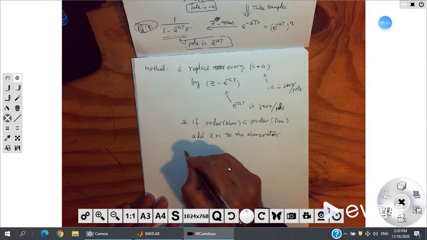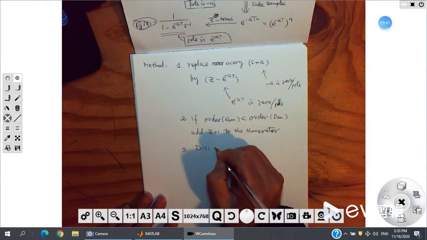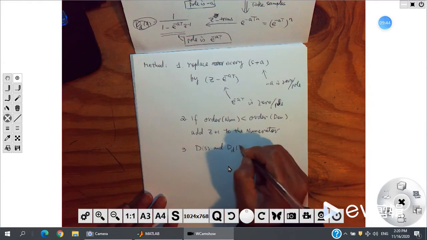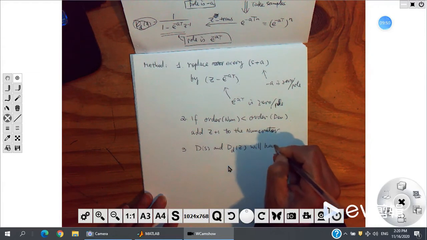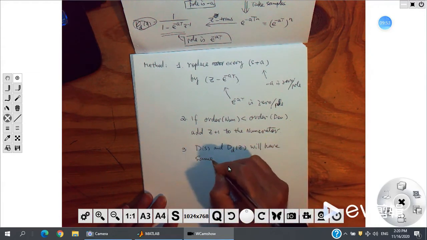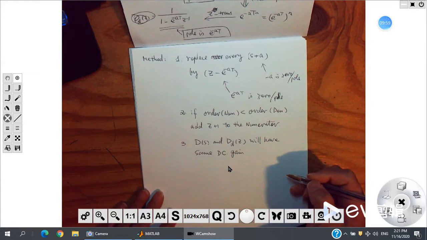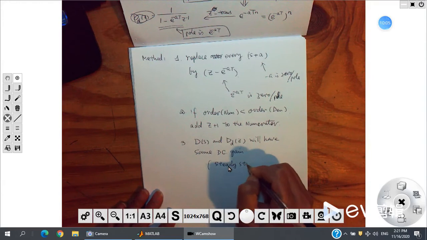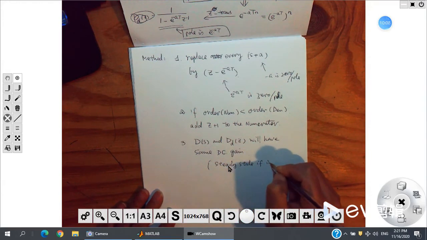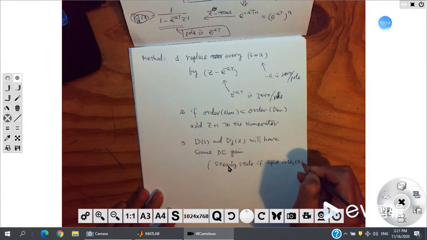Okay, the third one, we want D(s) and D(z) to have the same DC gain, as is the steady state if the input is u_s(t) or u_s(n), right?